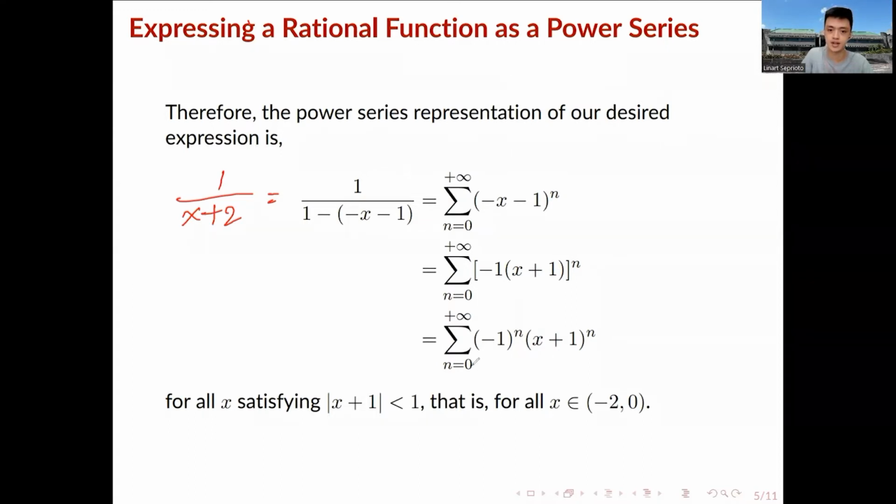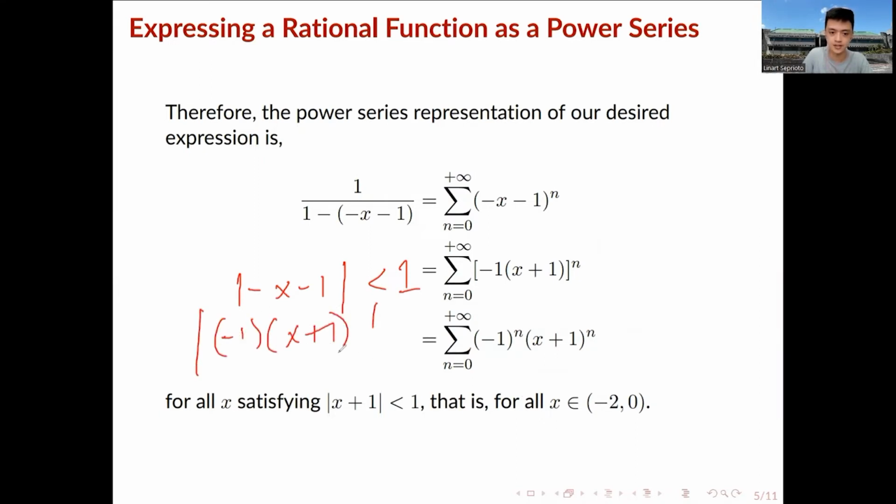This part here will serve as our c sub n. And then you can even write x plus 1 as x minus negative 1 to the n. Again, this series will converge for, well, actually, the absolute value of negative x minus 1 should be less than 1. But you can just extract the negative, and since this is an absolute value, the negative is neglected and disappears.